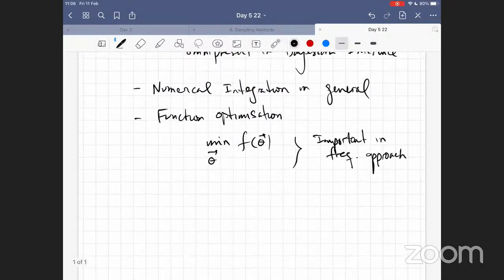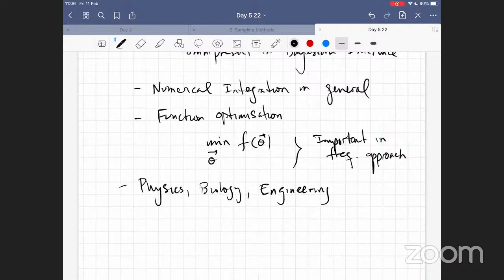And beyond that, of course, all of this is not only in physics, but in many sciences, like biology, engineering, you name it. It is a very important tool to have in order to solve many of the problems appearing in these sciences.